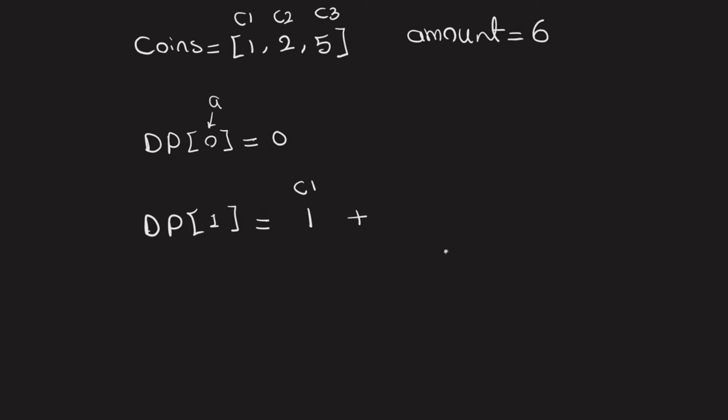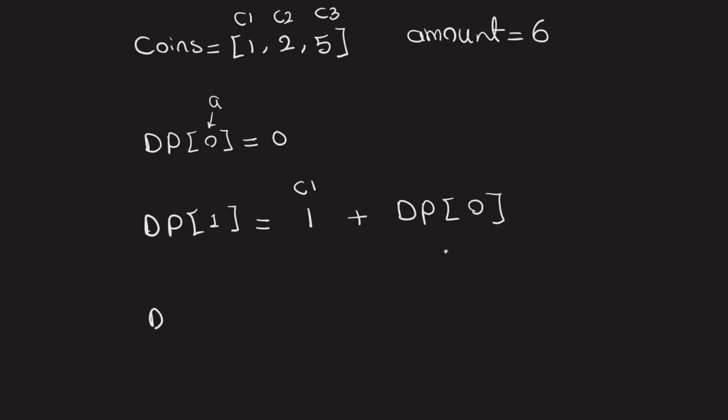If I do that, I can say what is the remaining amount, because the coin was 1. So now I can put the DP of 0 here, because the remaining amount is 0. I use the coin 1 with the value 1. Can I use any other coin more than C1? We cannot, because those coins are 2 or 5. They are greater than the amount we are looking for. So we can't use that.